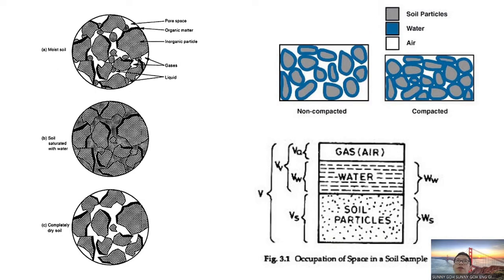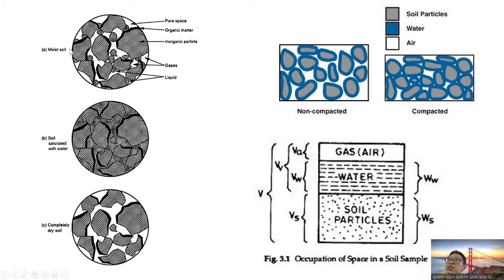So here are the figures showing different stages of soil moisture. For example, we can look at picture A. Picture A shows that the soil is a moist soil. In a moist soil, we have not only the inorganic particles, which is the mineral, and also the organic matter, and there are spaces where we have pore space and also gas phase.